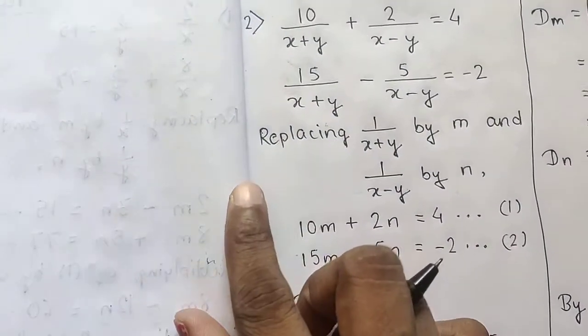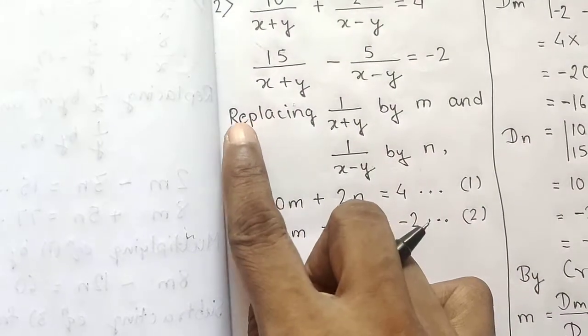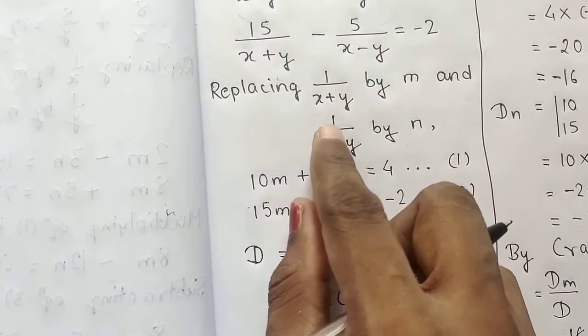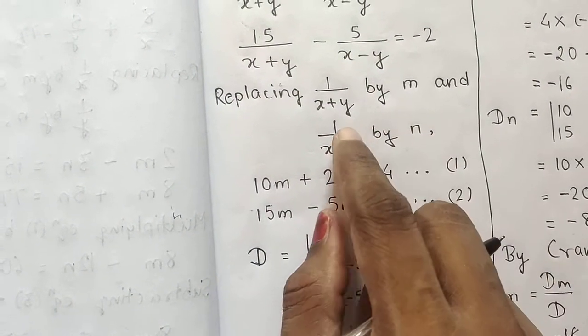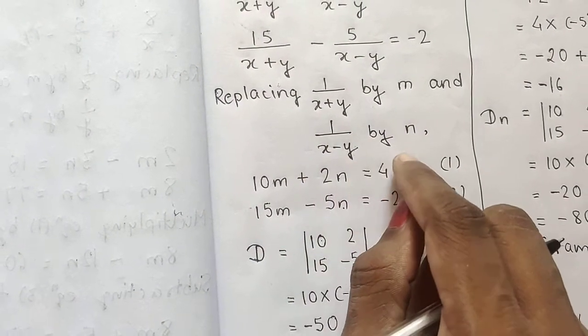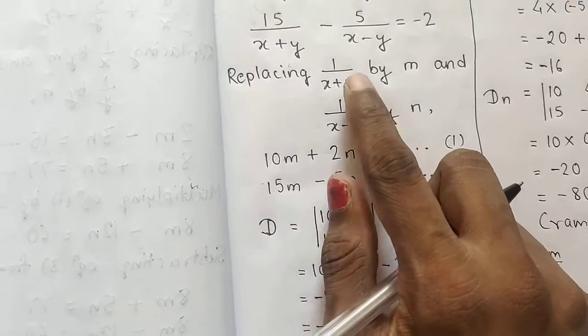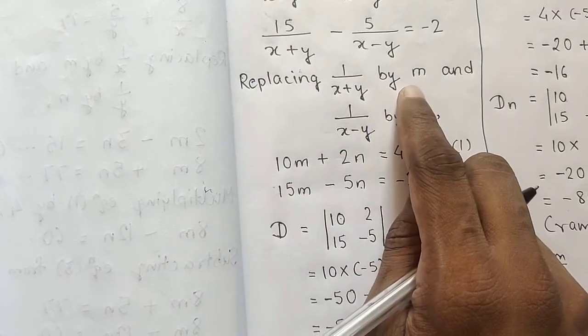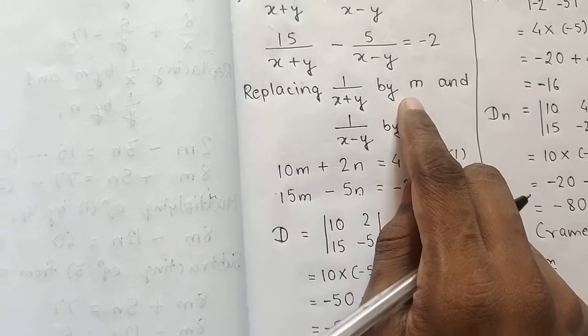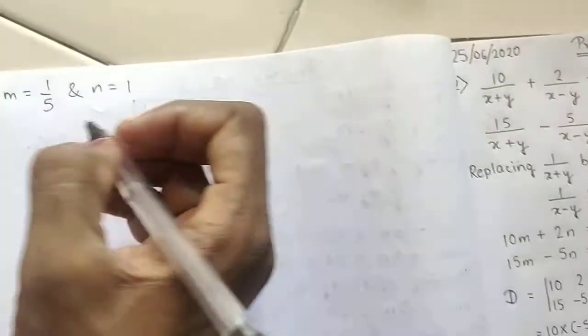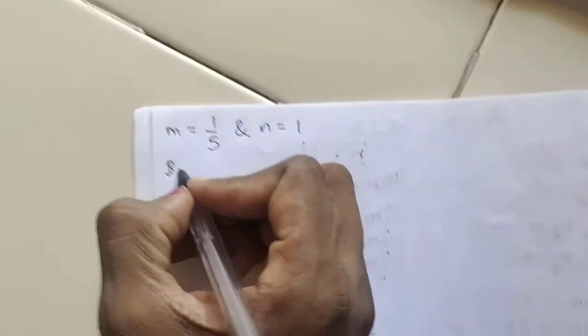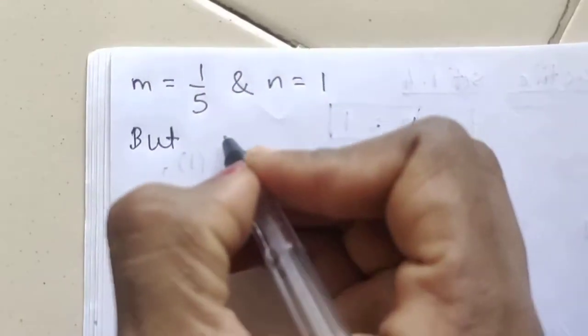But what was your m and n? Here what we have written? Replacing 1 upon x plus y by m and 1 upon x minus y by n. So again we have to replace the values. Okay, so let us write it. But what is your m?